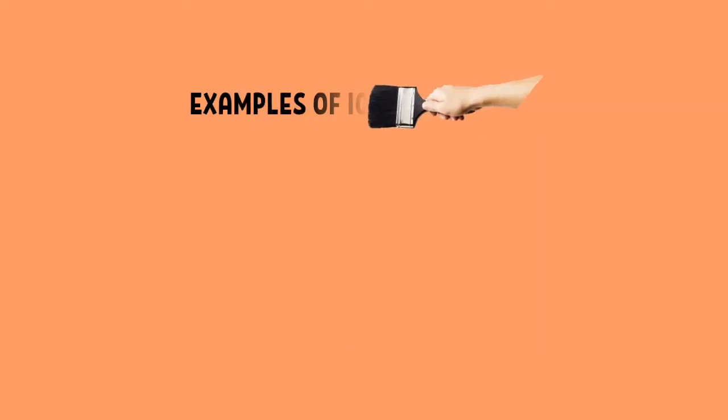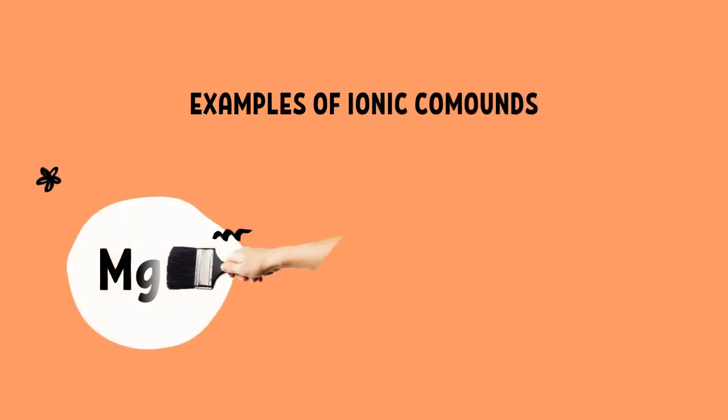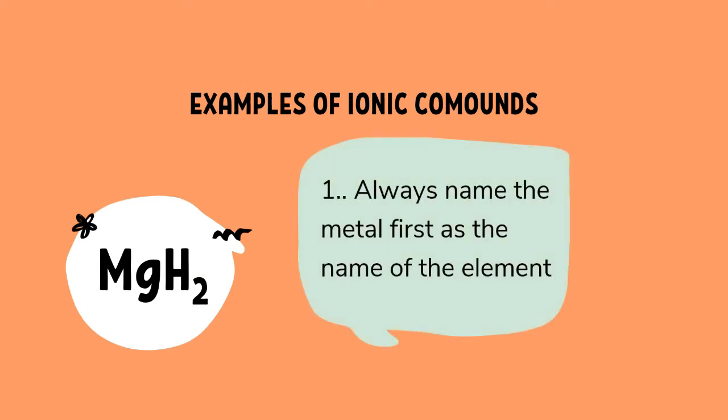Let's have another example in naming ionic compounds. Next example is this one, and let's go back to the first rule. Always name the metal first as the name of the element. In this compound, we have metal and non-metal.